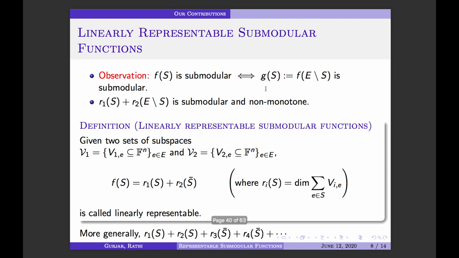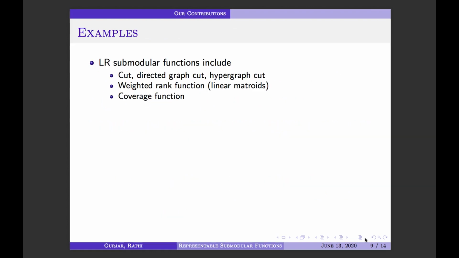More generally, you can have multiple rank functions and you can apply a few of them on s, say r1 of s plus r2 of s, and a few others you can apply on s complement. So you have r3 of s bar plus r4 of s bar and so on, and you can add them up, and any such function you can get will be called linearly representable.